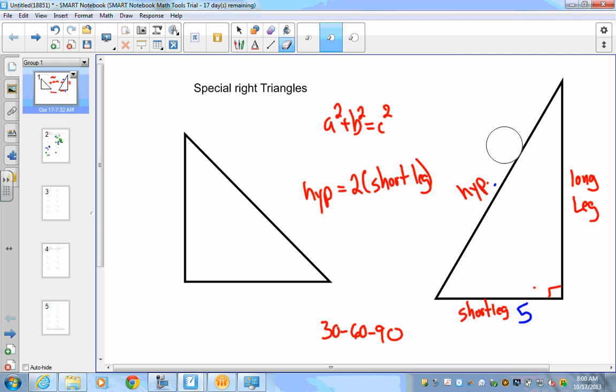Or one more thing, and I know I'm kind of being redundant here, so I apologize. If the hypotenuse was 7, the short leg would be 3.5. Okay, pretty simple.